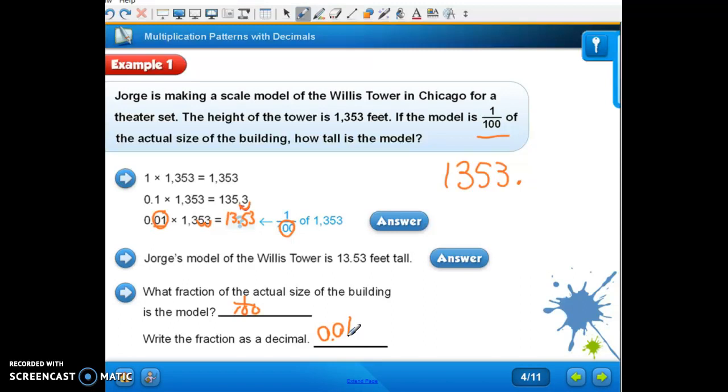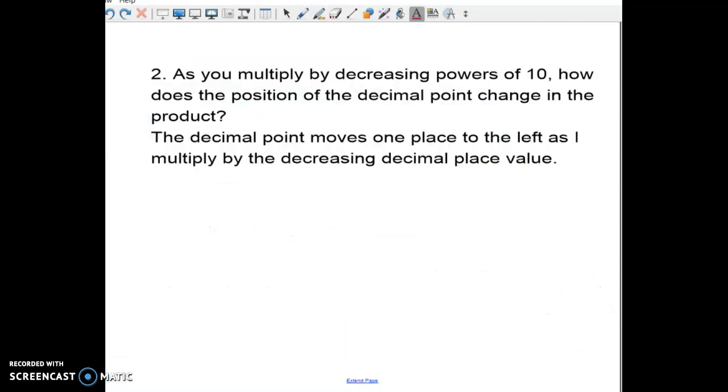I'll go ahead and stop the recording and type that in. So your answer to number 2 at the bottom of 161 is the decimal point moves 1 place to the left as I multiply by decreasing decimal place values. If you're watching this, please go ahead and stop your recording and get that down.